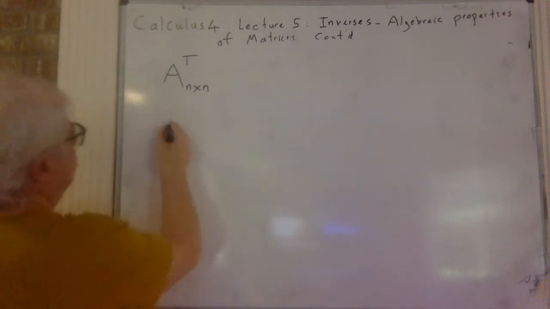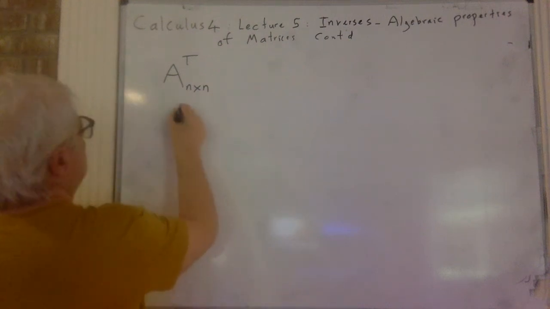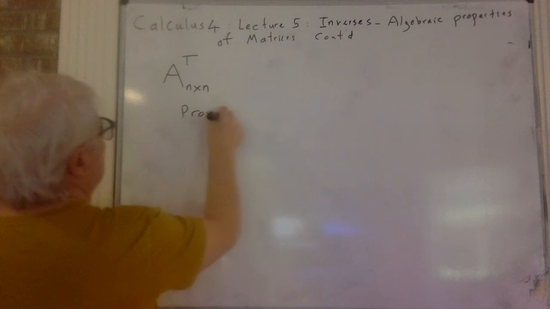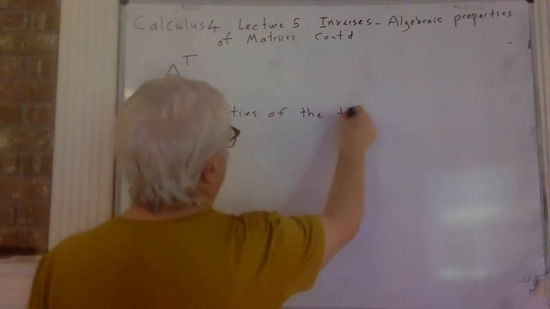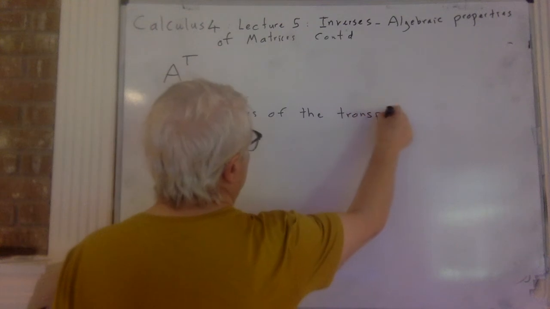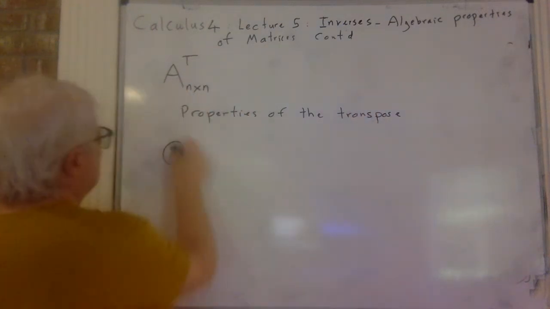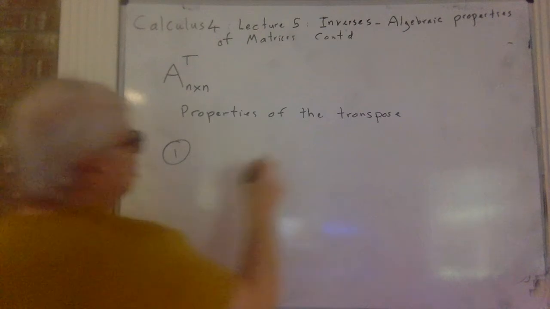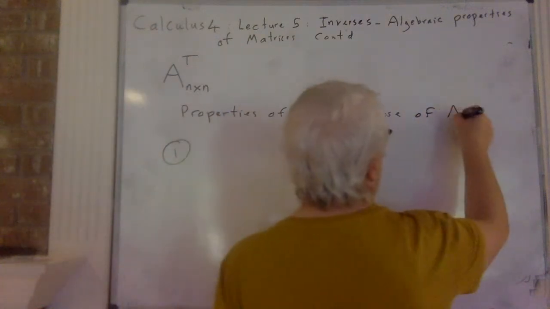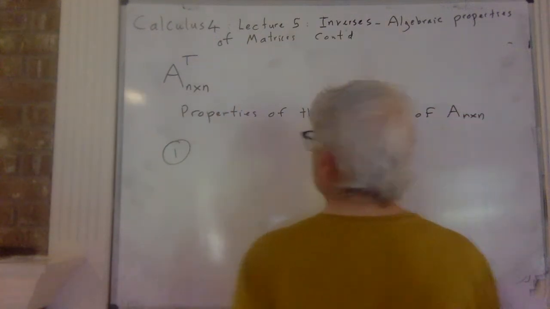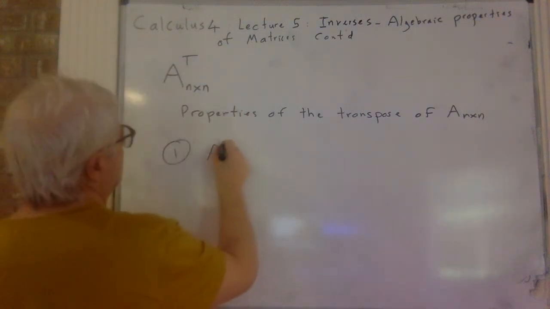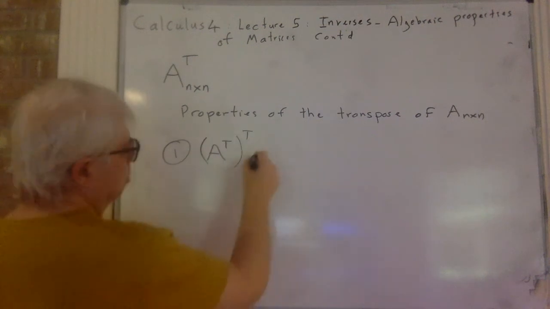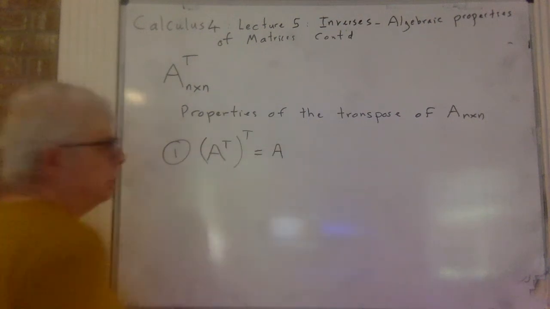Now there are some rules, some properties of the transpose. One: the transpose of A, say n by n. So if I transpose this and do transpose again, I will get A back.